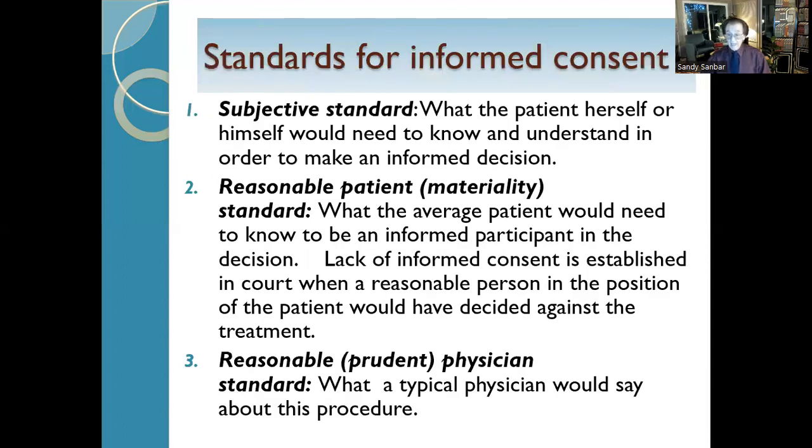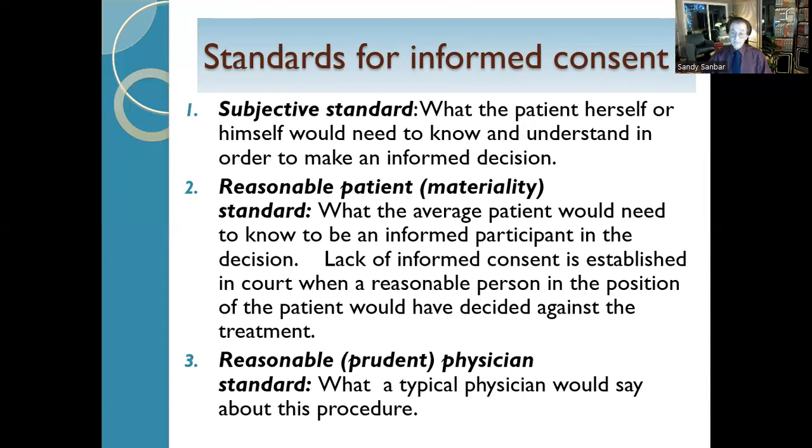States have one of the following standards for informed consent. The first is what is called the subjective standard: what the patient himself or herself would need to know and understand in order to make an informed decision. Very few states have that, such as Oklahoma.